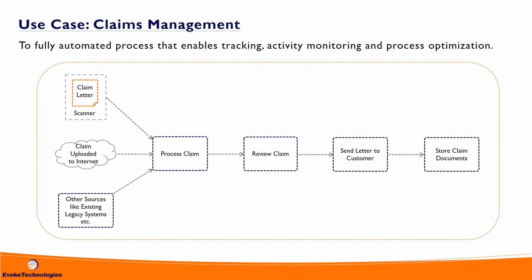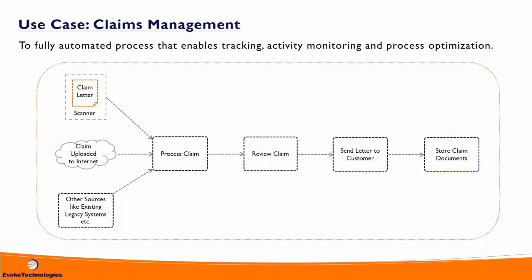Or somebody could log in to the internet and upload it via web. Or you could probably have other legacy systems that are taking care of such processes as an initiator of this particular process. And this would be followed by the process claim step, where, as we talked about in the previous slide, we would look at all the parameters that are required and start off the process step.